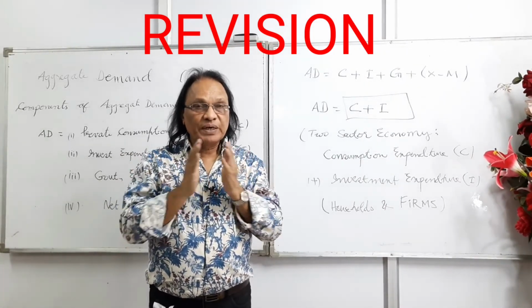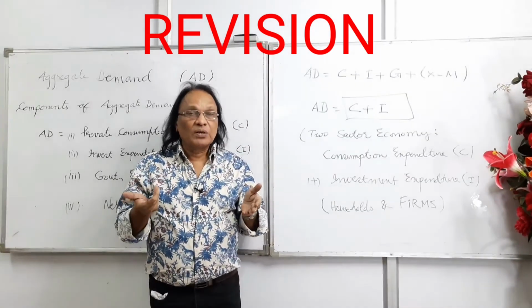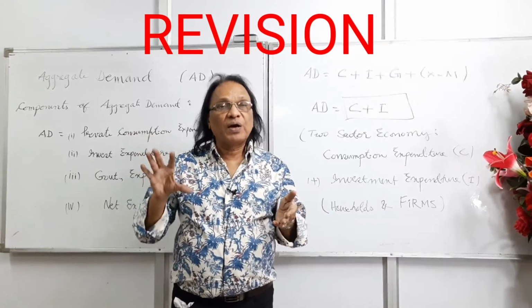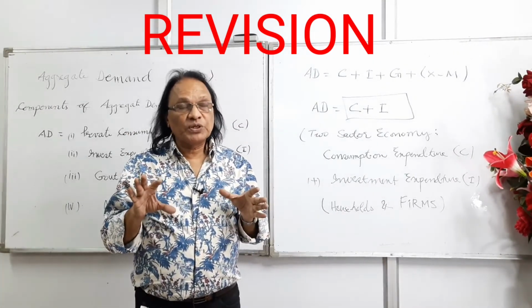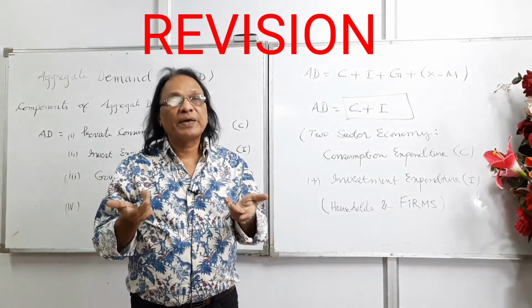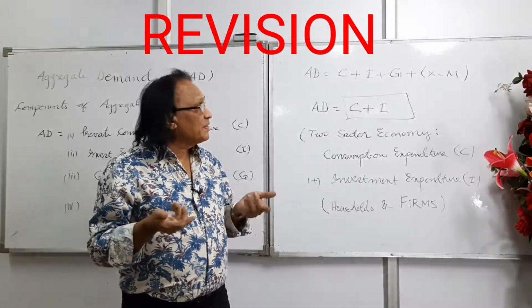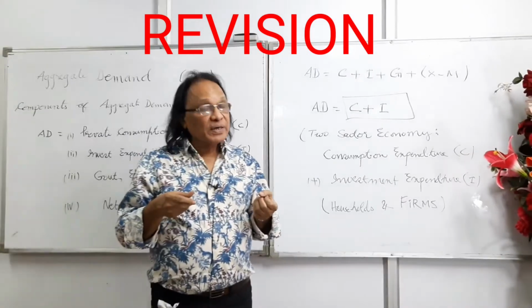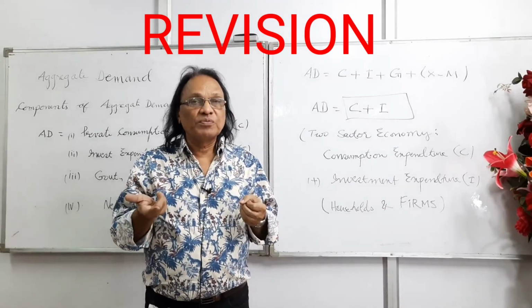G stands for government demand. This is the government expenditure in construction of roads, street lighting, parks, defense, law and order. And the last one is net exports. Net exports is the difference between X minus M. Later on, we'll be writing AD as C plus I, because we are considering only two sectors in the economy, households and the firms.